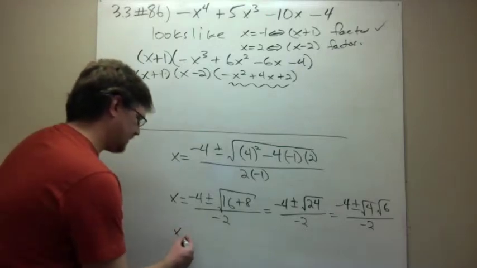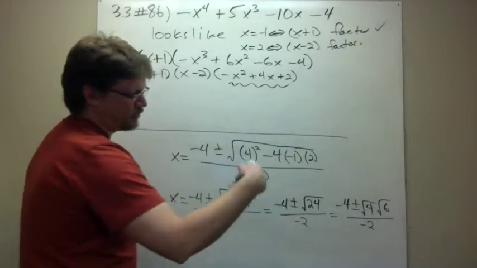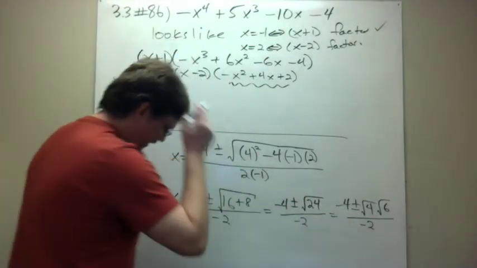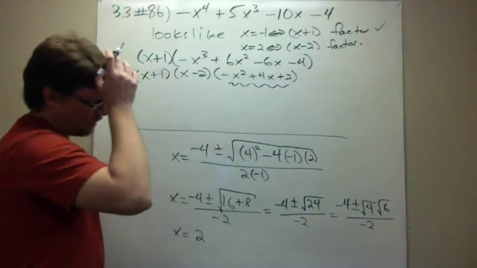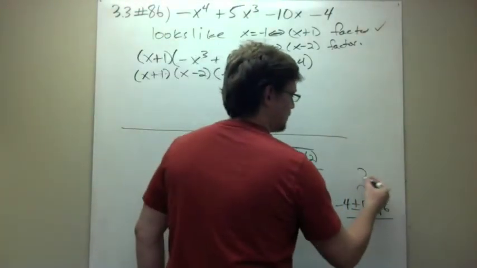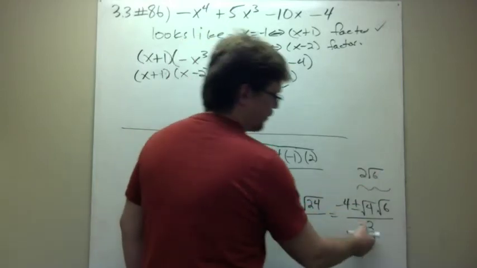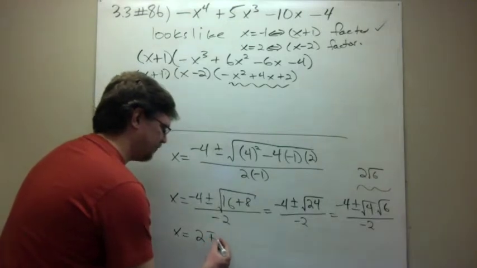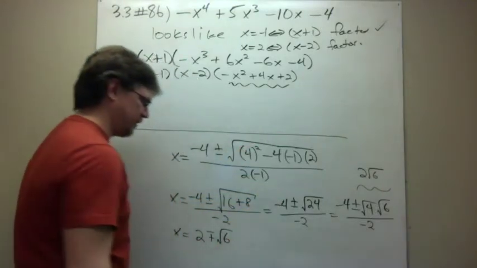So our x comes out to be square root of 4 I can treat as a 2. I can do the negative 4 divided by the negative 2, which is a positive 2. Plus or minus, this is the same thing as 2 times the square root of 6. 2 times the square root of 6 over a negative 2 is negative or positive. The 2's will cancel, leaving a square root of 6.